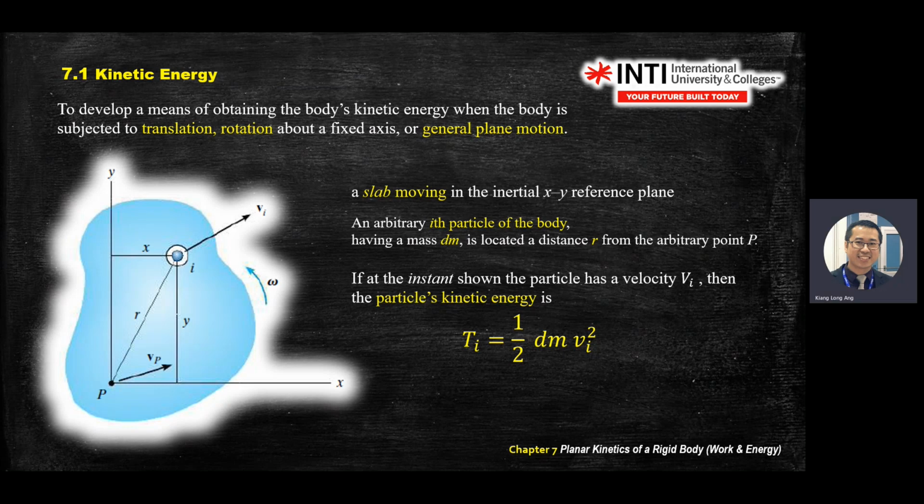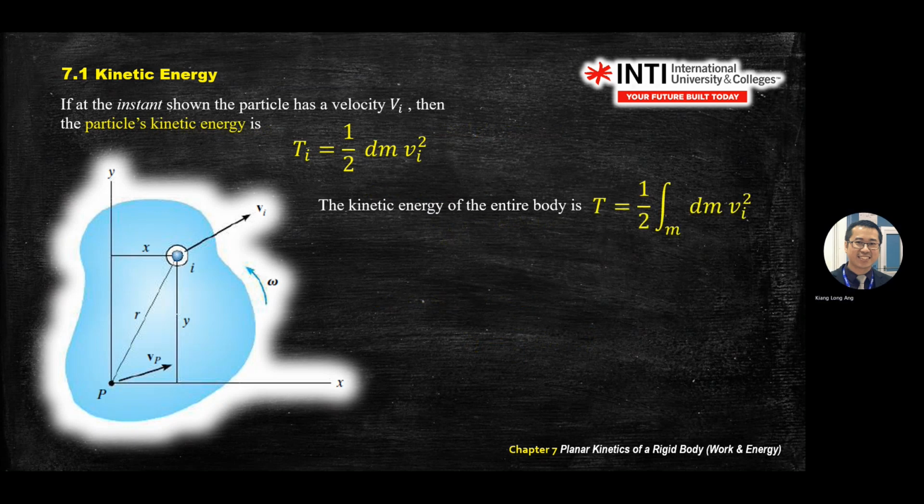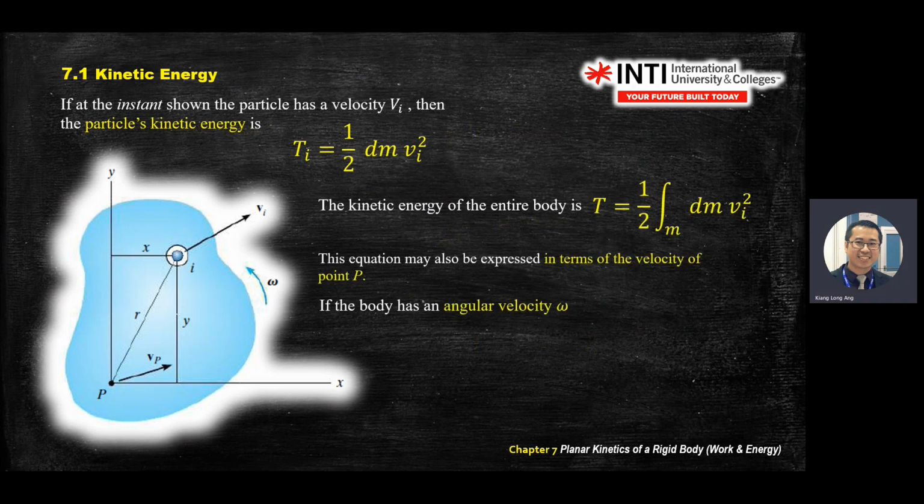Half mv squared. dm is a very, very small portion, but you want the total, so you integrate. At the end, you're still calculating half mv squared. And the v here, how you find v is by referring to relative velocity.